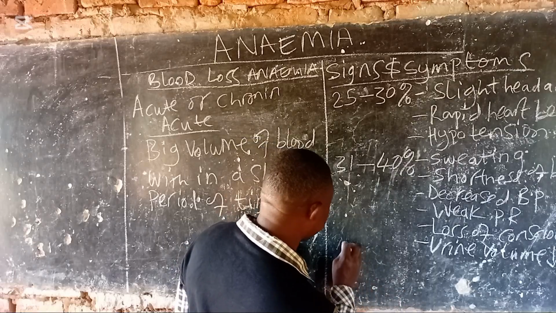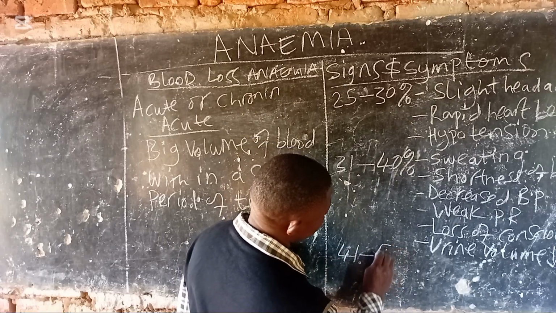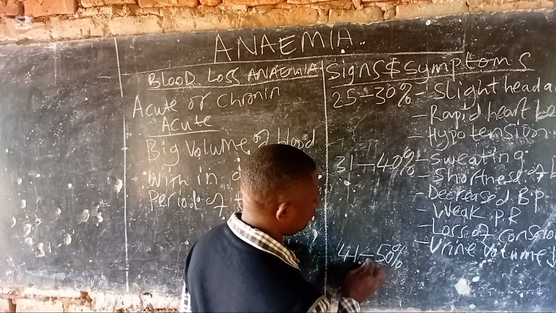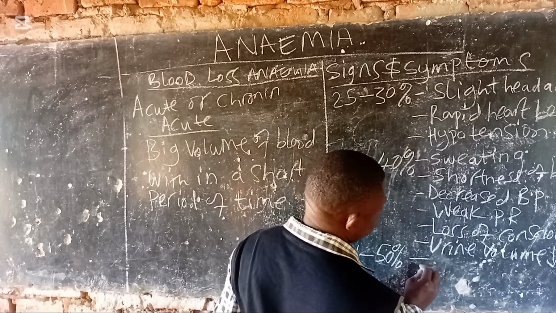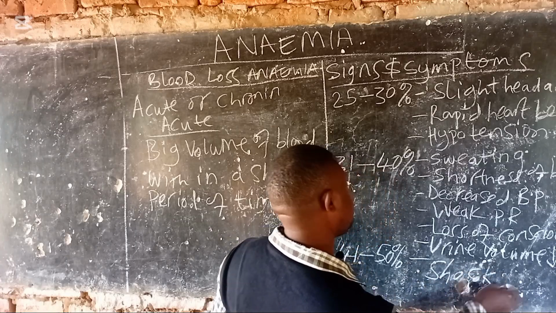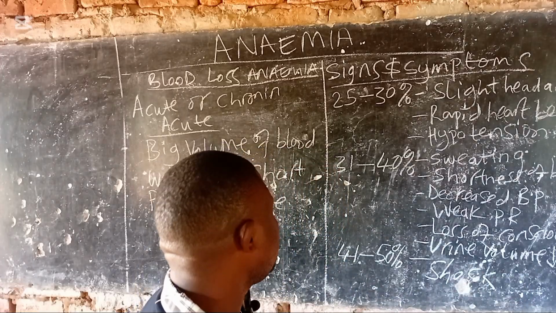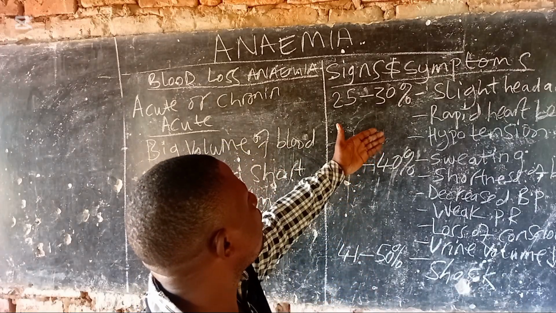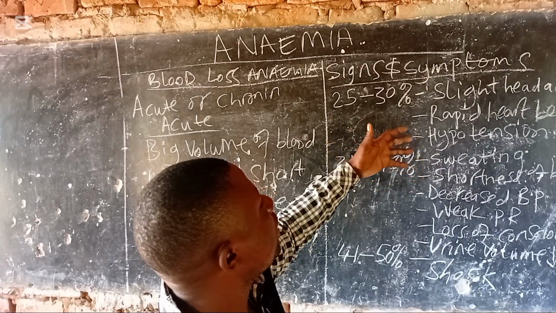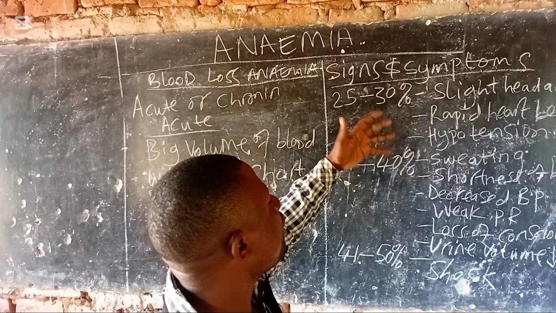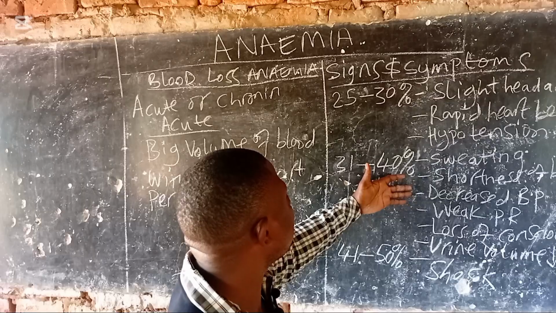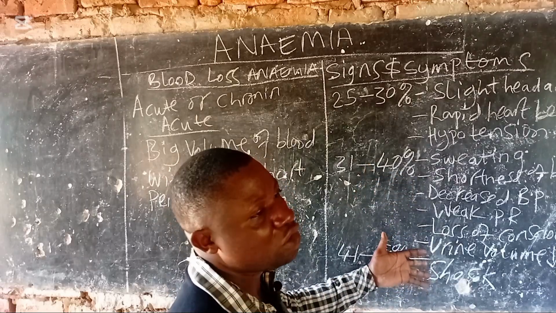Then when you lose like 41 to 50%, you will just go into shock. So some of these signs start smaller, they go on increasing in severity, and they will be adding on more other signs. Because here you didn't have loss of consciousness, but here you just went into shock.